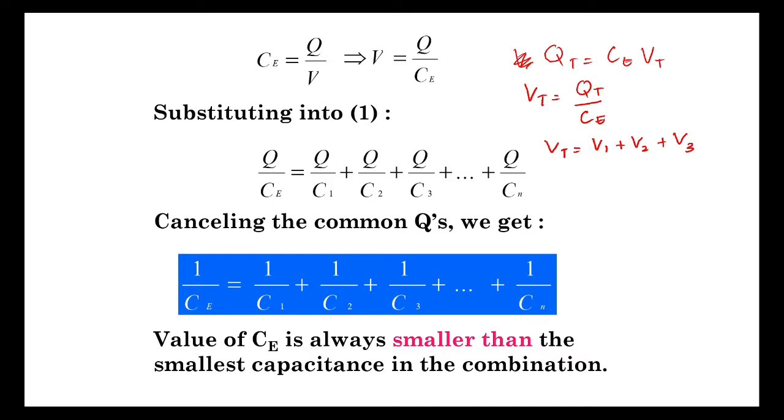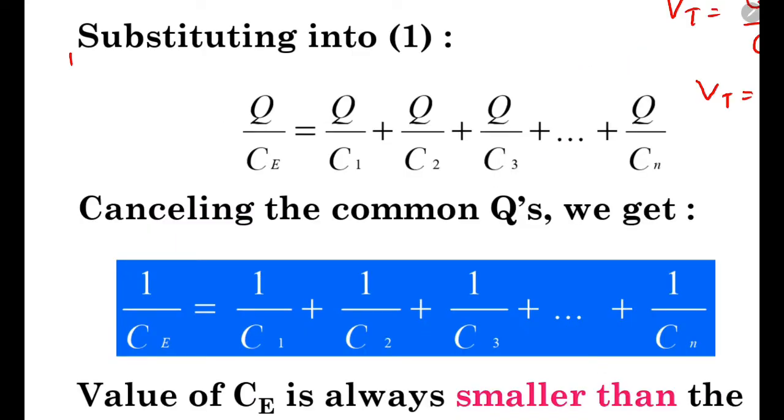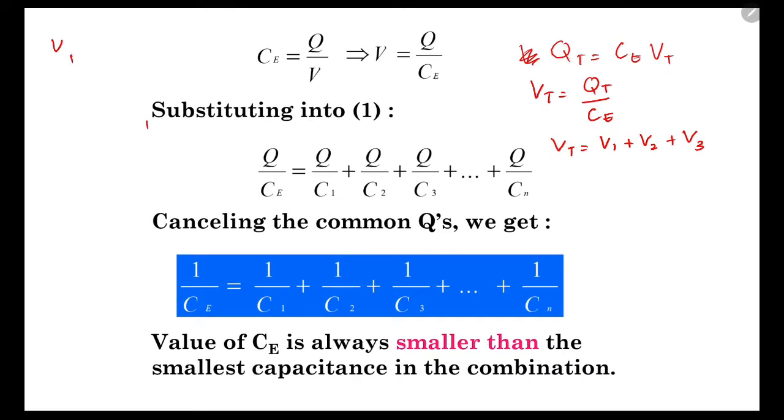So V1 is equal to Q1 over C1, and we know V2 is Q2 over C2, and V3 is Q3 over C3.